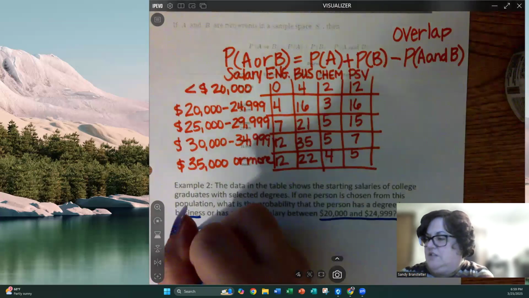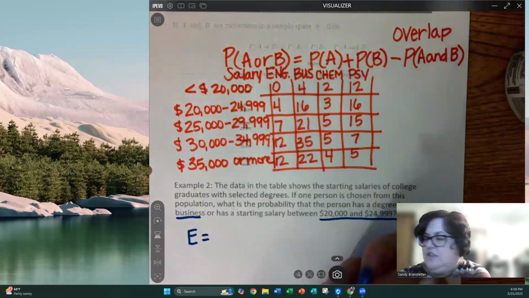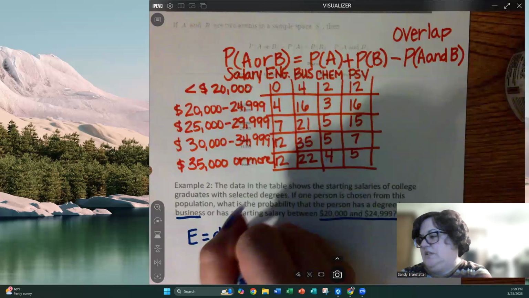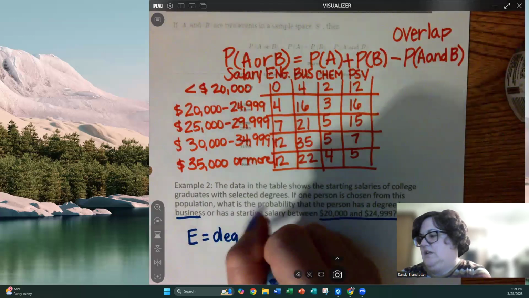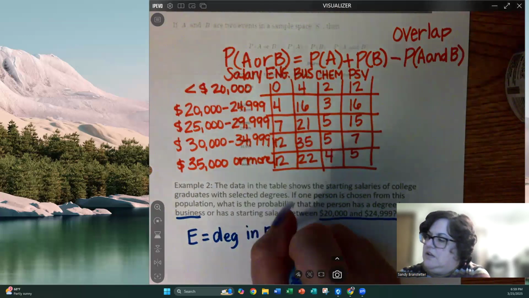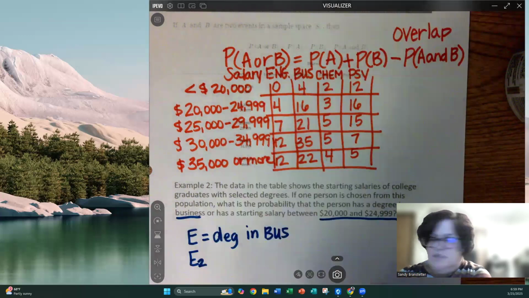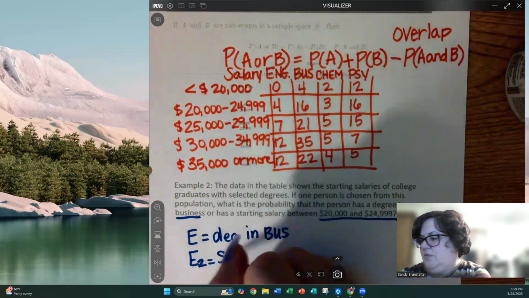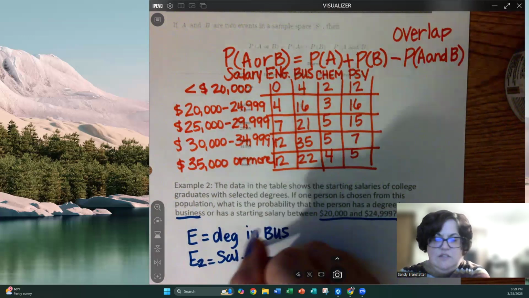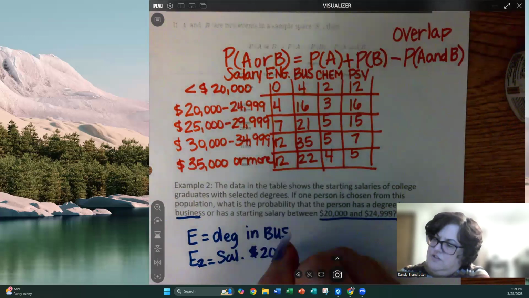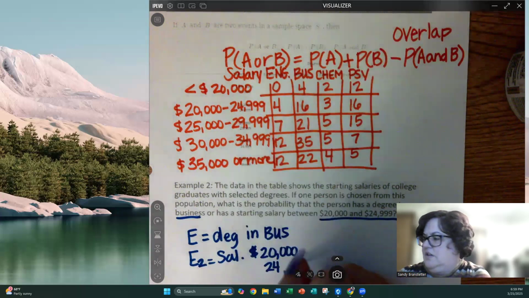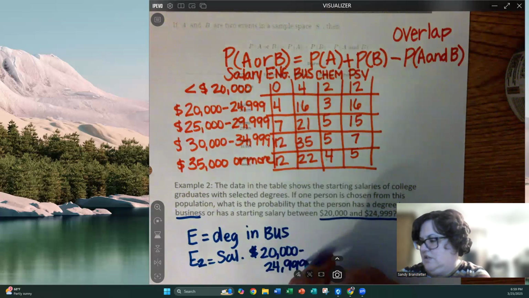Our first event is going to be that they have a degree in business. Our second event is going to be that their salary when they start their job is between $20,000 and $24,999.